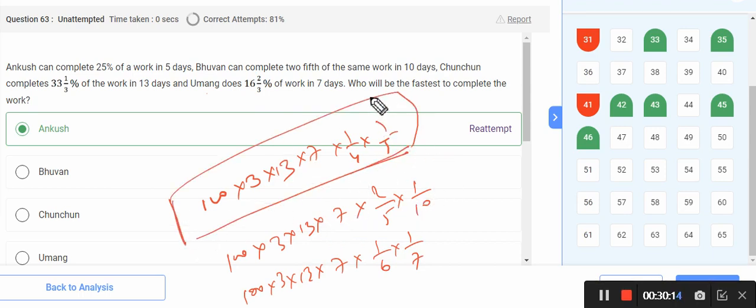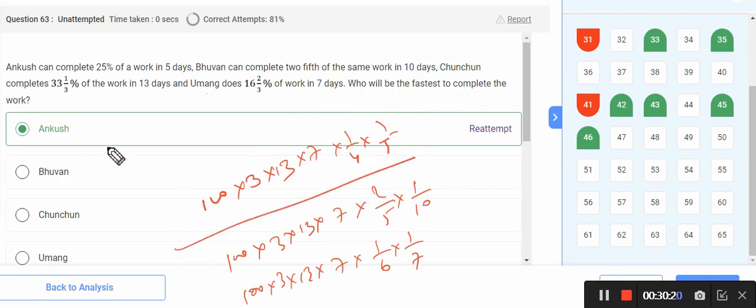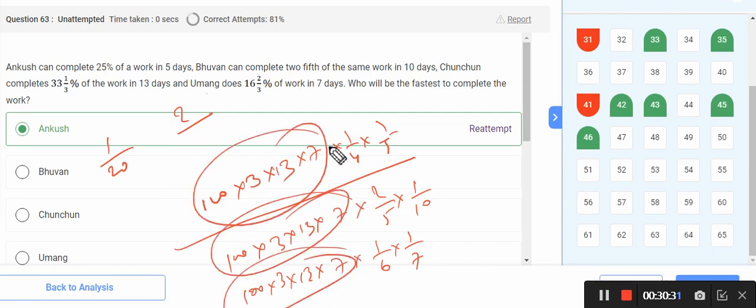Now what they ask is, who will be the fastest? The person with the highest efficiency. So 1 by 20 and 2 by 50, because all these factors are the same, so we have to focus on these factors, right? 2 by 50 is 1 by 25, and 1 by 42.